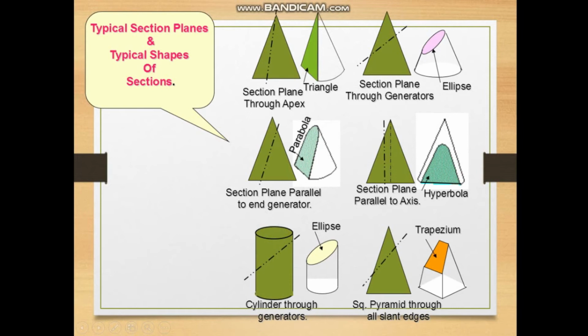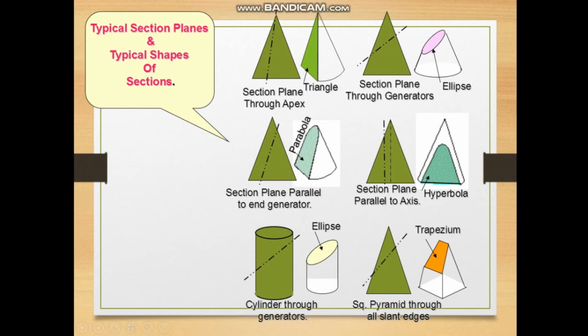A section plane parallel to any one end generator gives a parabola. A section plane parallel to the axis gives a hyperbola.